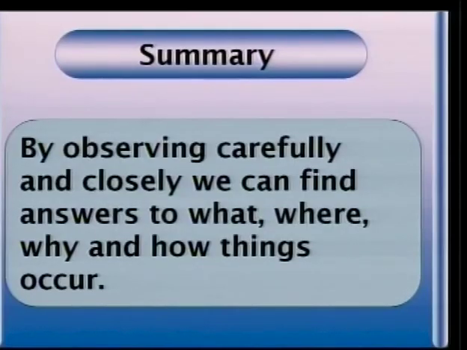In science, this is one skill that you must achieve. When you observe closely and think how it happened, what caused it, why and when did it happen, this will help you to find the answers to your question.